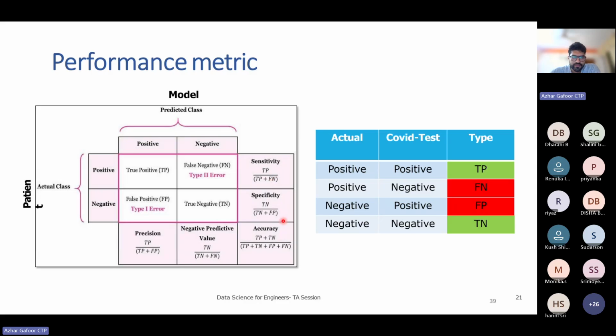All right, then we have specificity, accuracy. Accuracy means among all the data, how many true we have predicted. So it's true positive plus true negative divided by the whole data, which is true positive, true negative, false positive, and false negative. All right, so try to remember this table. It might be useful in the final exam.